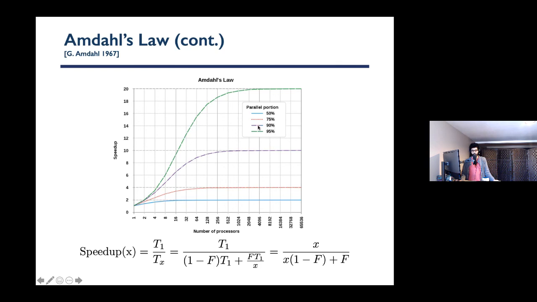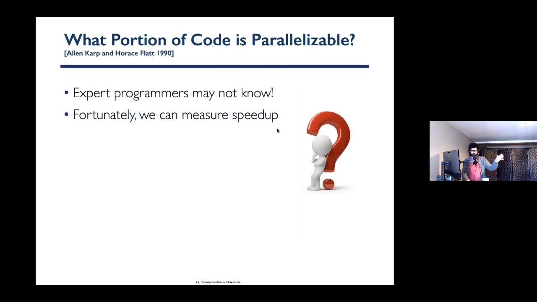Now the question is, me as a programmer, let's say I have a code, do I know what portion of my code is parallelizable? And the answer is, you probably don't. No matter how good of a programmer you are, it's just hard to know what portion of your program is parallelizable.